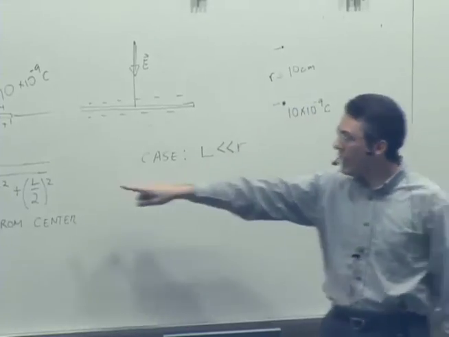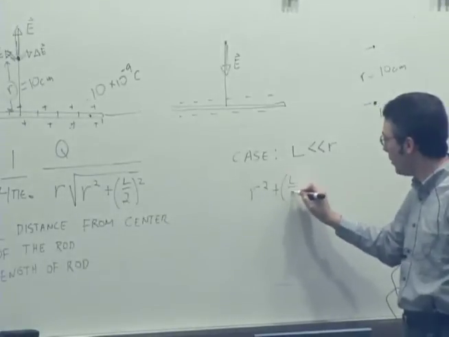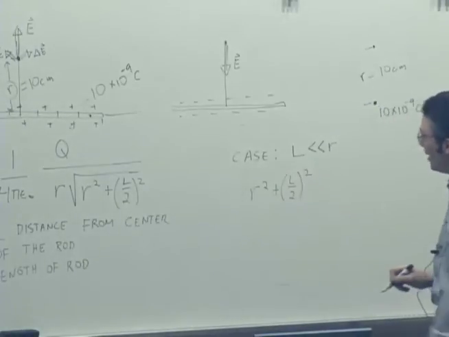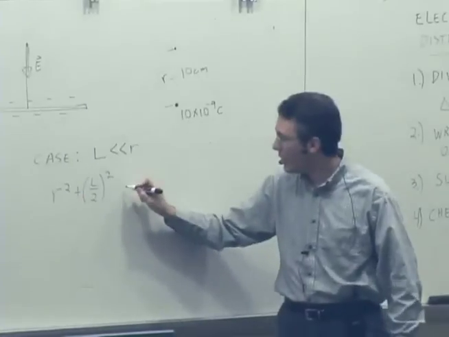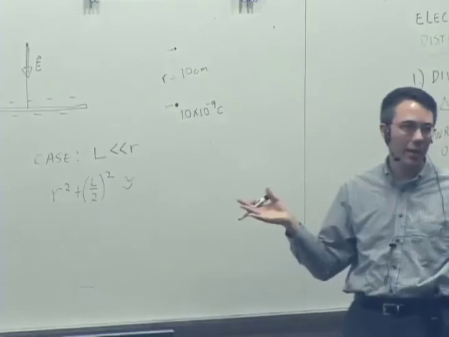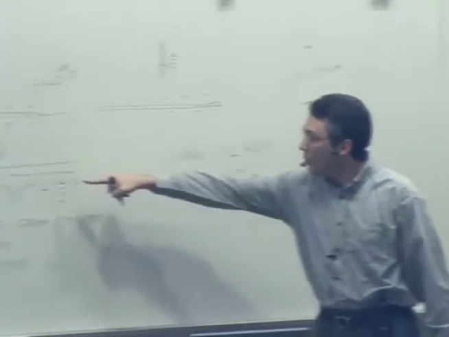Well, let's look at the denominator here. If you have r squared plus L over 2 squared, if L is a lot smaller than r, then when I add these two things together, that's going to be approximately equal to just what? R squared, right? Put that back in.